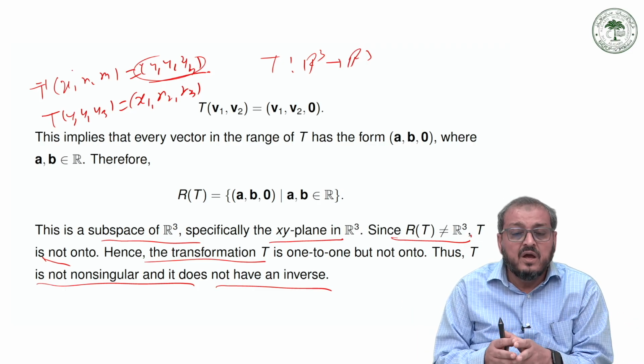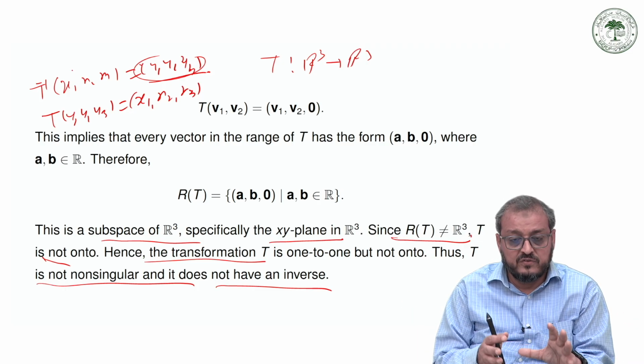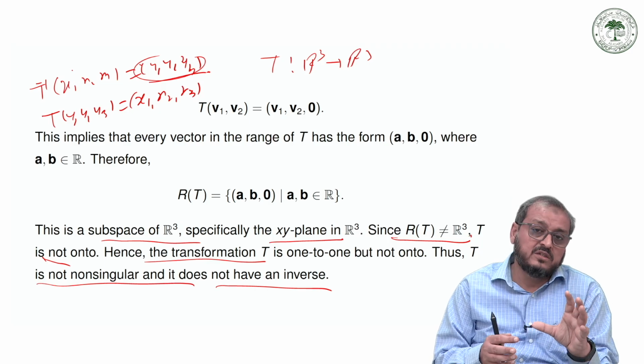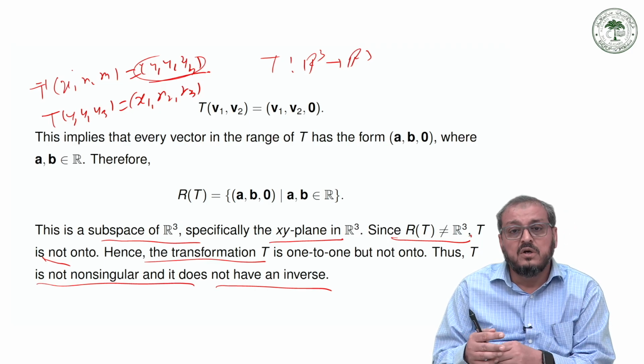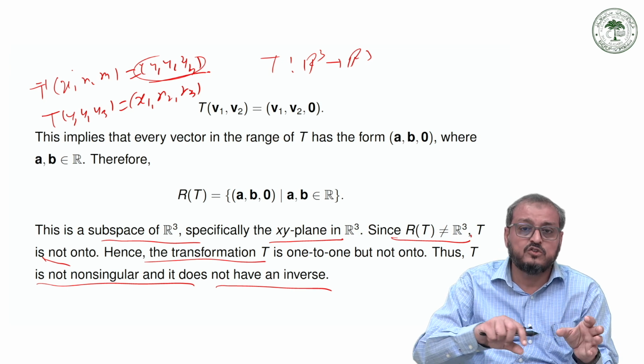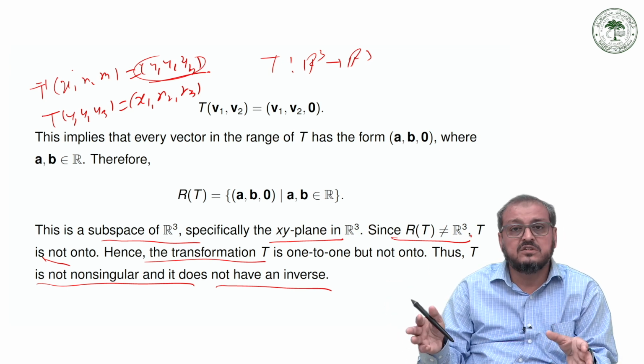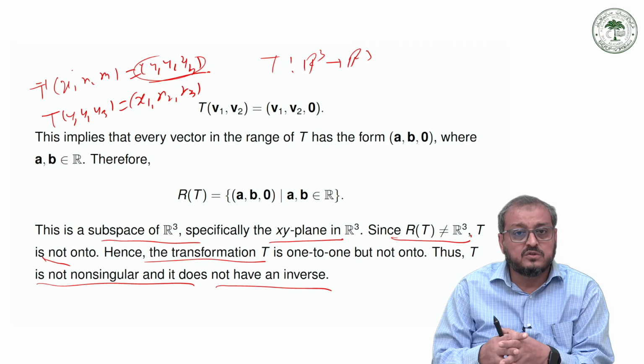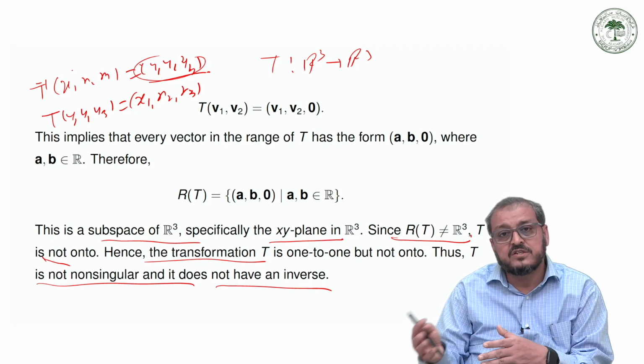I only sketched the proof previously. In the next class we will prove that a linear transformation from any vector space V to Rn is always an isomorphism.